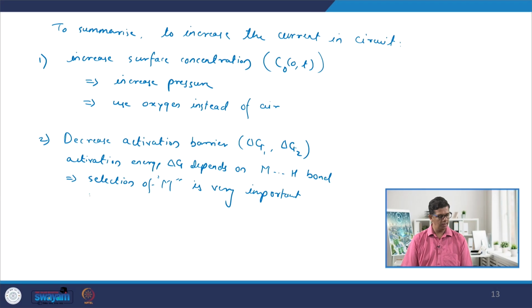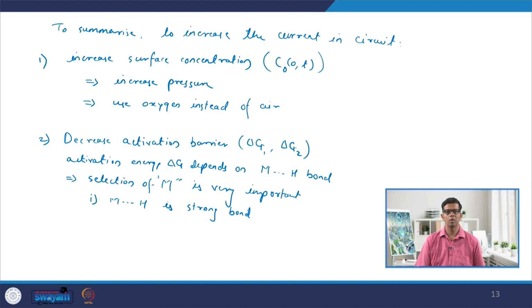So, what are the different cases? This M...H is a strong bond. Okay, let us take this example. If this hydrogen is strongly bonded to the metal nanoparticle, it will not release the protons very quickly into the electrolyte. So, in other words, we are basically decreasing the rate of the reaction.